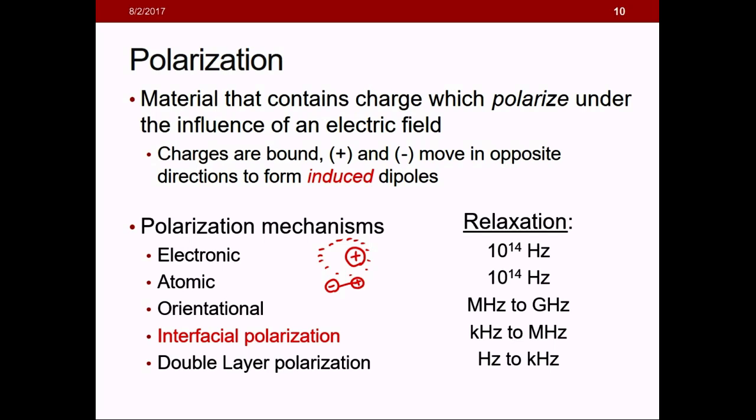And then one may be more polarizable than the other, and then you'll have a net charge at that interface. And of course you have another net charge on the other side of that particle in terms of the alignment with the electric field. We'll have a better illustration later. But that relaxation occurs on the order of kilohertz to megahertz.